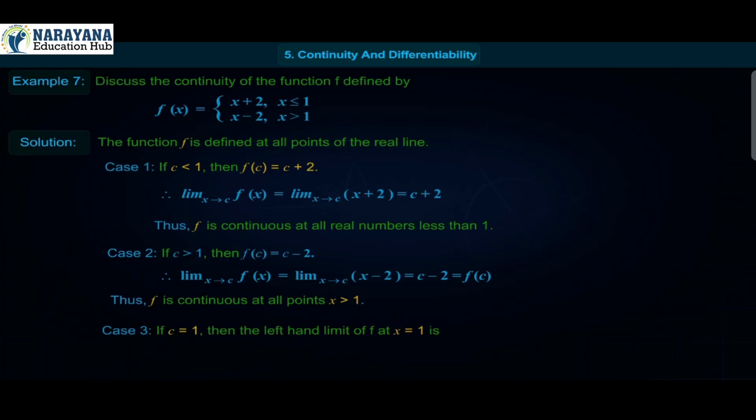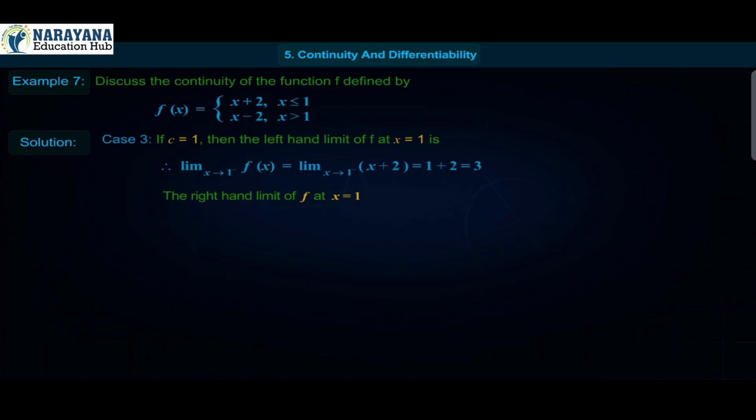If c is equal to 1, then the left-hand limit of f at x is equal to 1 is limit x tends to 1 minus f of x is equal to limit x tends to 1 minus x plus 2 is equal to 1 plus 2 is equal to 3. The right-hand limit of f at x is equal to 1 is limit x tends to 1 plus f of x is equal to limit x tends to 1 plus x minus 2 is equal to 1 minus 2 is equal to minus 1.